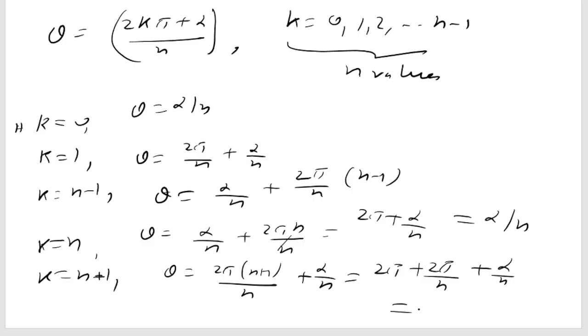This is nothing but 2 pi by n plus alpha by n. See, the k0 is alpha by n and kn is also alpha by n. Similarly, k equal to 1 gives 2 pi by n plus alpha by n. So 0 to n minus 1 are distinct values, and after that repetition will occur. Got it? So coming to the original problem.